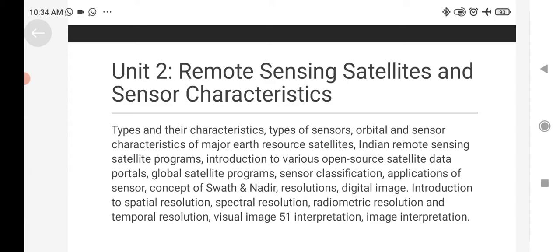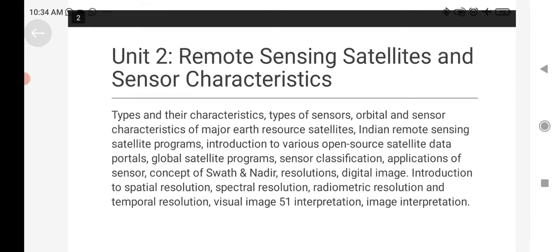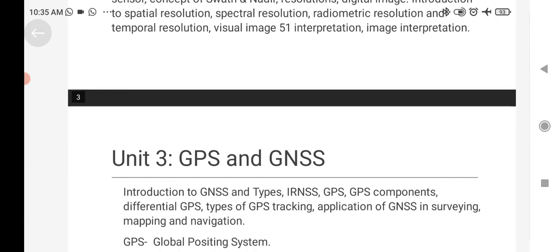Swath is the rotation of the earth and nadir is the American concept. Then resolution of digital images: spatial resolution, spectral resolution, radiometric resolution and temporal resolution, visual image interpretation. These are all covered in unit number 2.